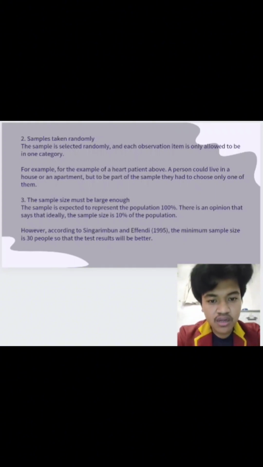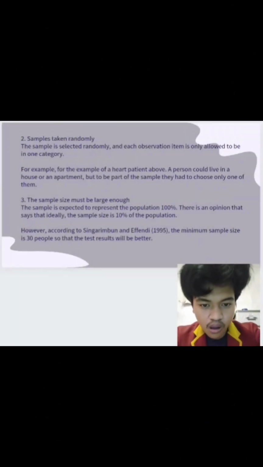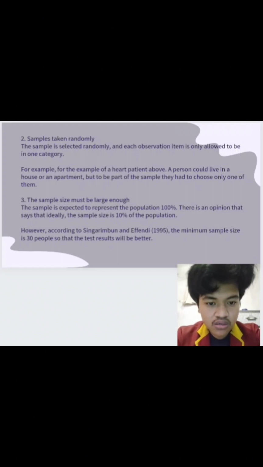For the example above, a person could live in a house or an apartment, but to be part of the sample, they had to choose only one of them. However, according to Singh and Evans, a minimum sample size is proper so that the test result will be better.